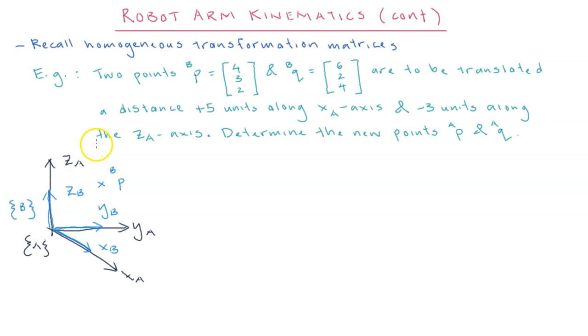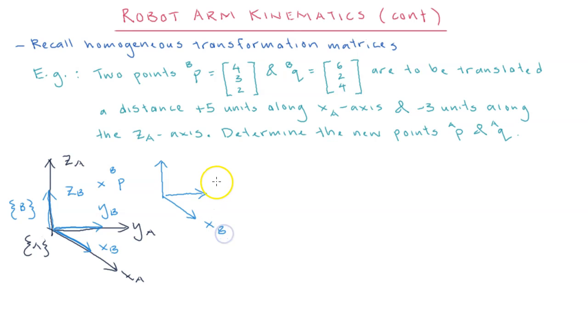Now, when the question says we will be translating the points, what we'll be doing really is translating the coordinate frame and hence the points as well. So let's say we have translated the coordinate frame plus 5 units along XA and minus 3 units along ZA, and maybe the coordinate frame will end up here.